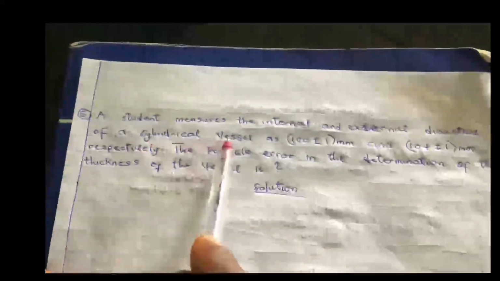Now, two questions more. A student measures the internal and external diameter of a cylindrical vessel.